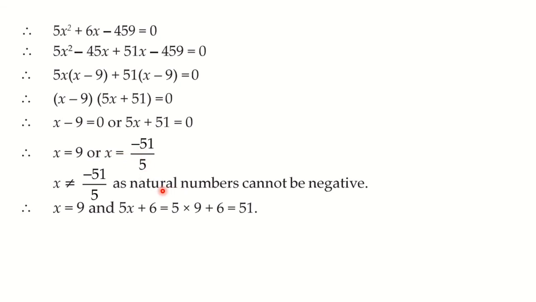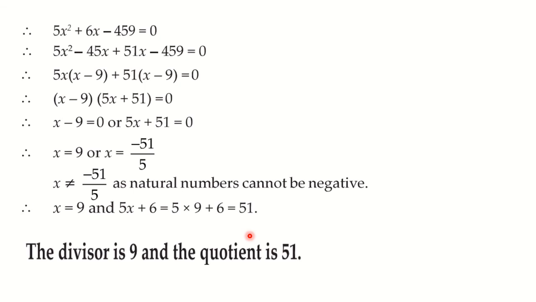But again a natural number, so natural number cannot be negative. So you will cancel this answer by giving the proper reason, and therefore x is 9 and the next number is 5x plus 6, that is 5 into 9 plus 6 is equal to 51, and therefore the numbers are 9 and 51, or you will say that the divisor is 9 and the quotient is 51.